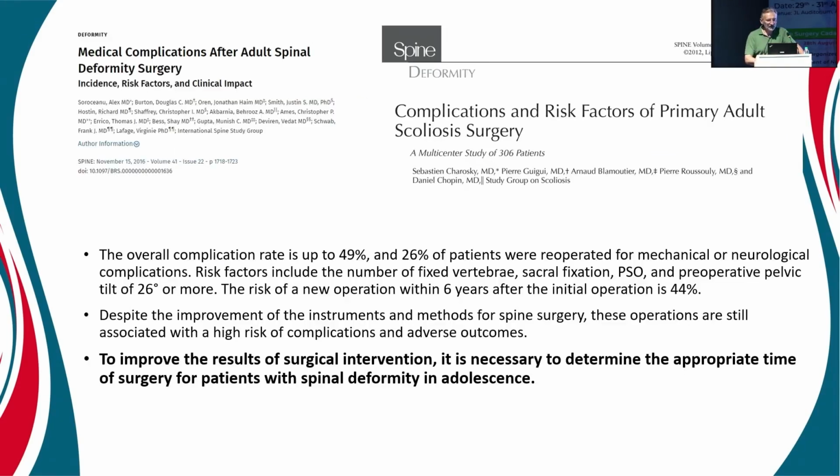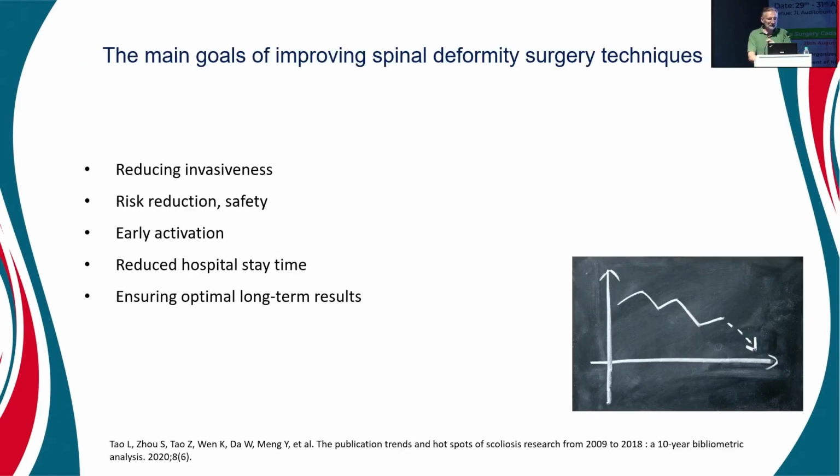The complication level of adult scoliosis surgery is very high, close to 50%, with a very high risk of revision surgery. The main goals of improving spinal deformity surgery techniques should include reducing invasiveness, risk reduction, safety, early activation, reduced hospital stay time, and ensuring optimal long-term results.